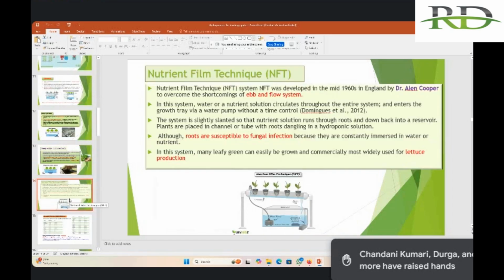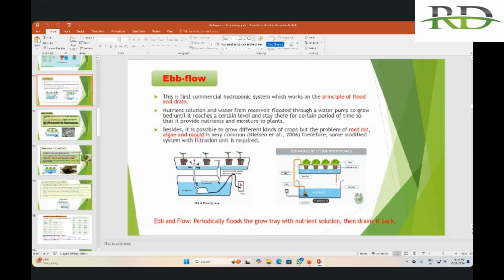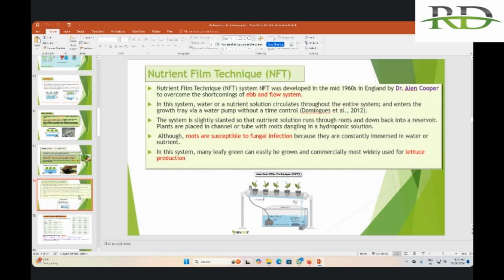Now coming to the fifth type of hydroponics, that is the nutrient film technique, also known as NFT. It was developed by Dr. Alan Cooper to overcome the shortcomings of ebb flow. It is just like the ebb flow method, flood and drain, but there were some lacunas in the ebb and flow method, so the nutrient film technique was invented to overcome these shortcomings.